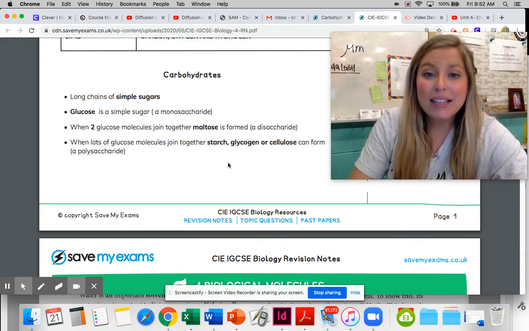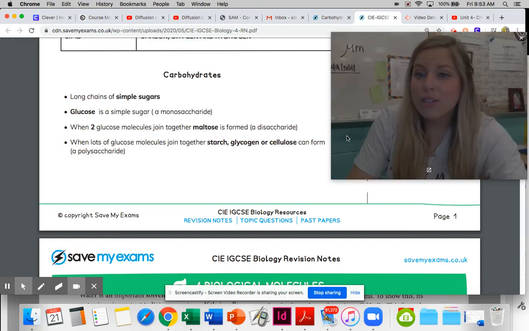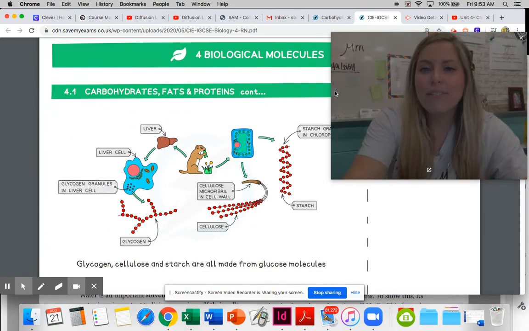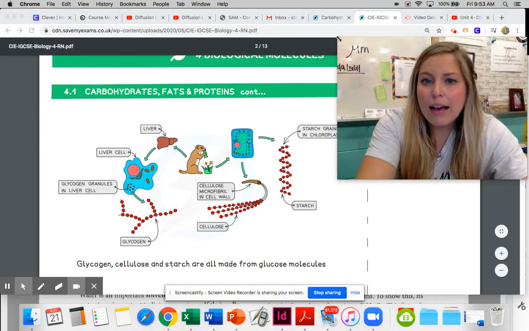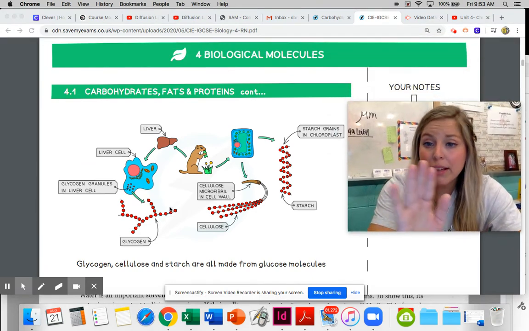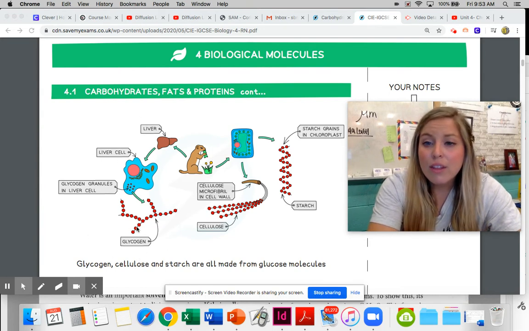Now, when we get a polysaccharide, we refer to them as starches, glycogen, or cellulose. And I have an image here that can help you decipher where these are taking place. Now, when we talk about humans, important to note right here in this depiction, the long chains of carbohydrates we refer to as glycogen.